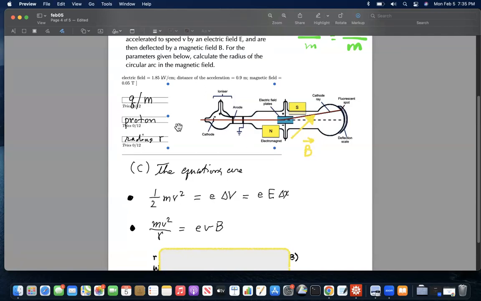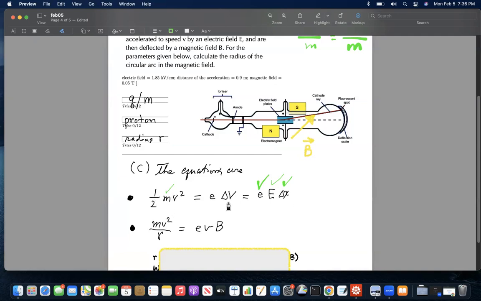So there's one equation. Now, what do we know? We know the electric field, so that's known. We know the distance in the electric field, so that's known. We know the magnetic field. And of course, we know the electric charge and the mass, because those are just constants of an electron.